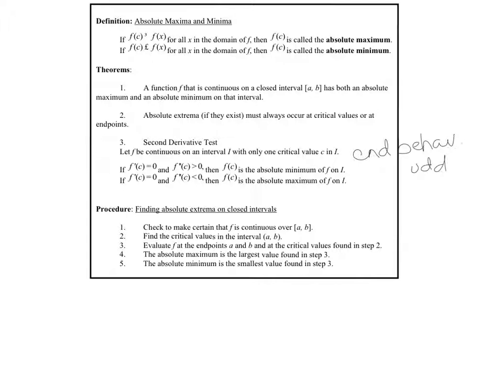No. If it's odd, there will be no absolute max or min. If it's even, then you will have one absolute max or one absolute min, depending on what the ends are doing. So that's just kind of another way you could test it. We're going to see how this second derivative test works. Okay?